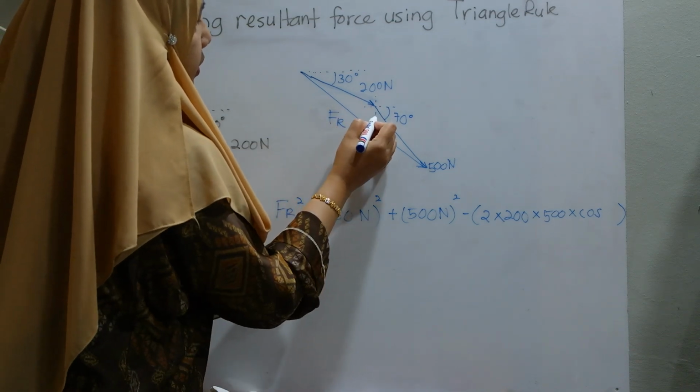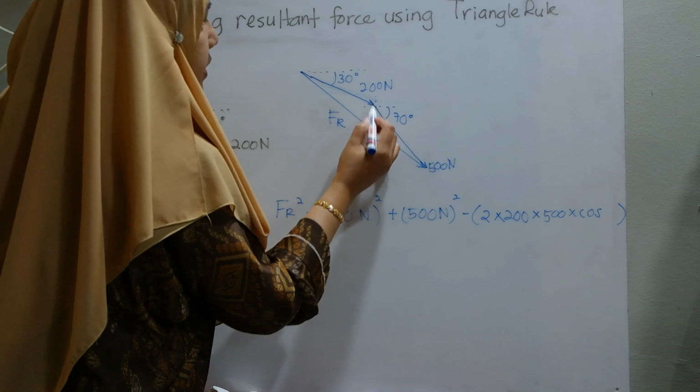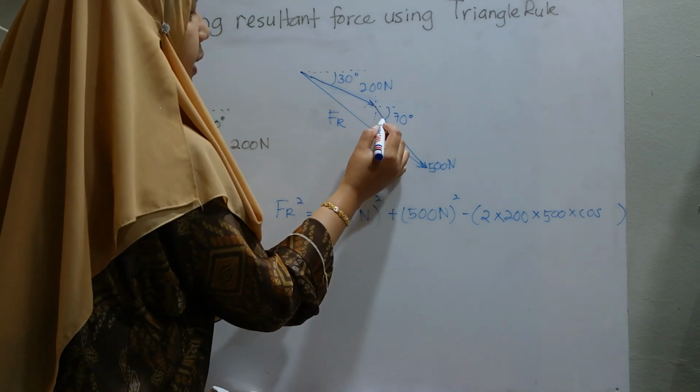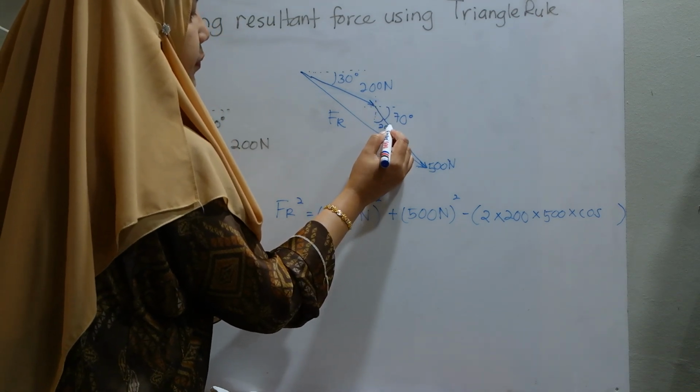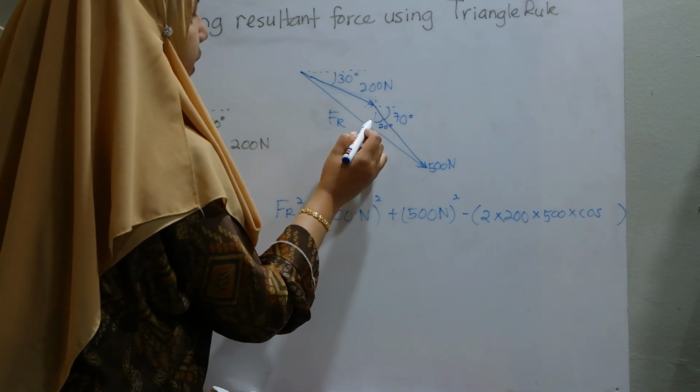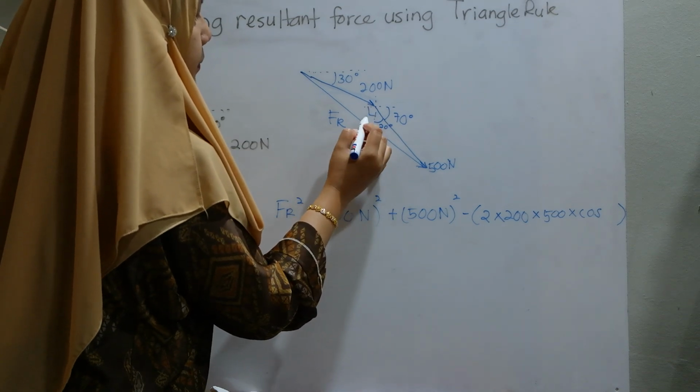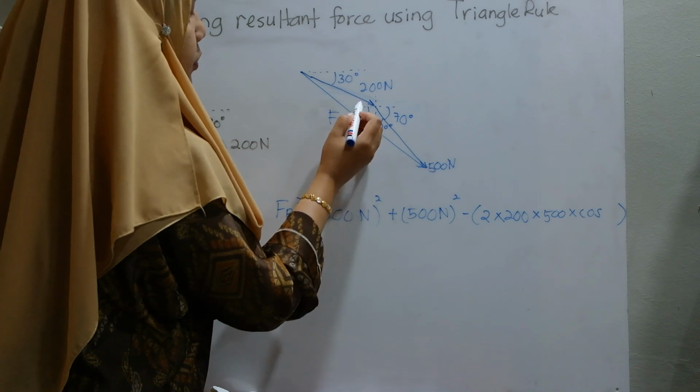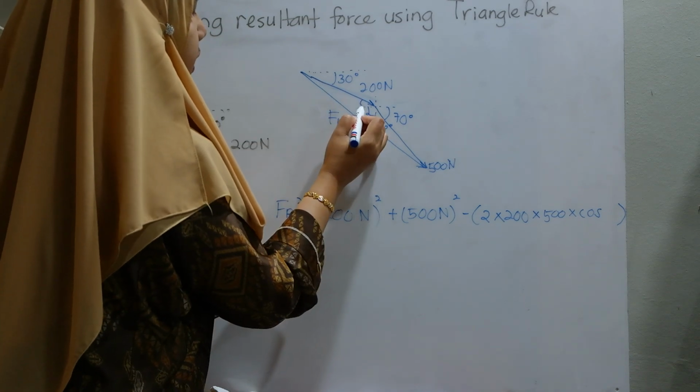Since this is 90 degrees, this would be 20, and this is 90. What will be here? This is definitely 30.